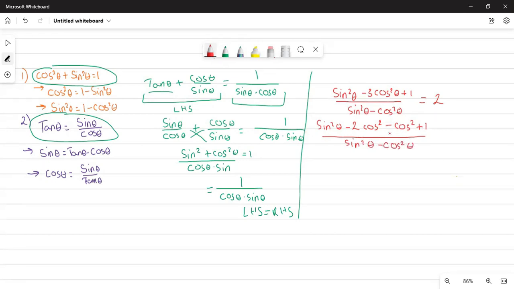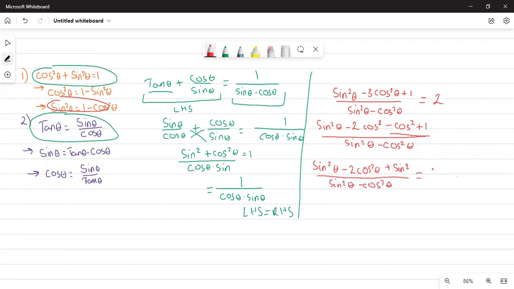Now minus cos square plus 1, which is 1 minus cos square, is equal to sine square using this formula. So we can write it as sine square theta minus 2 cos square theta plus sine square theta by sine square theta minus cos square theta.